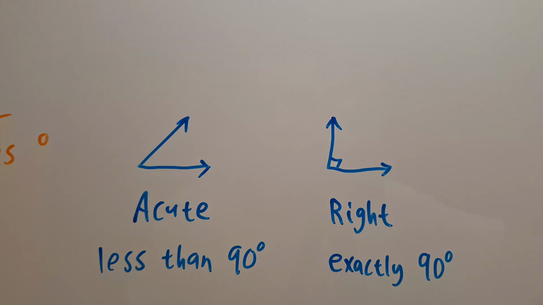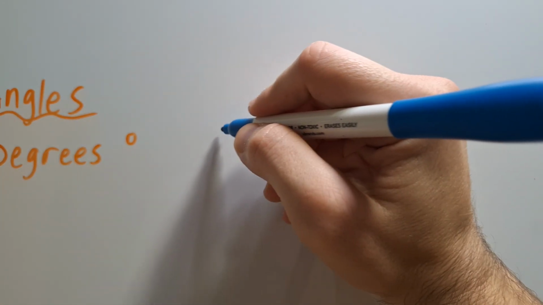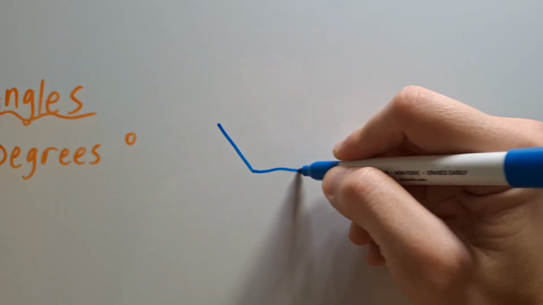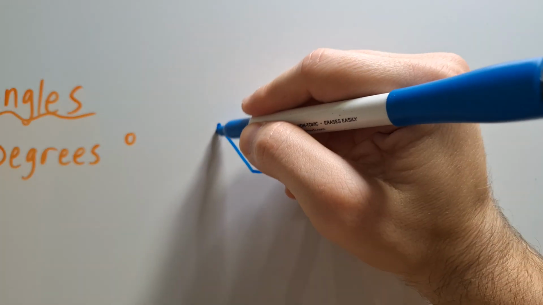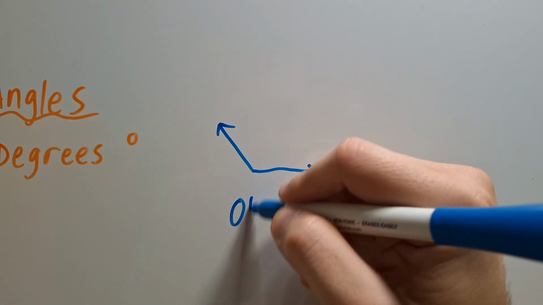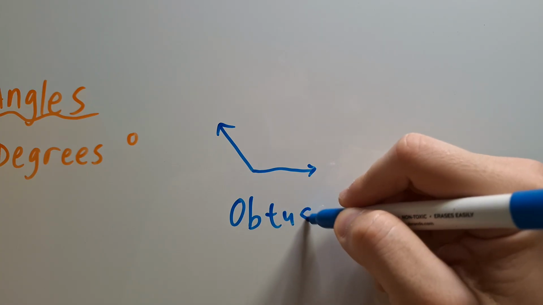Another one, and I'll just make some space for it here. The third type of angle that we will deal with are known as obtuse angles.